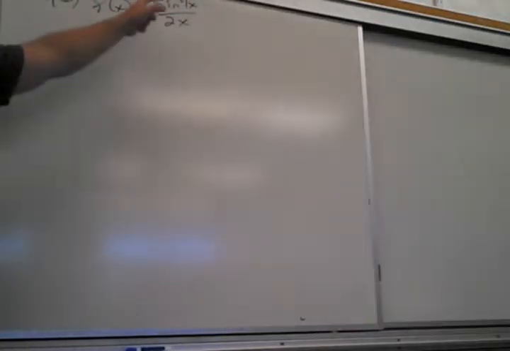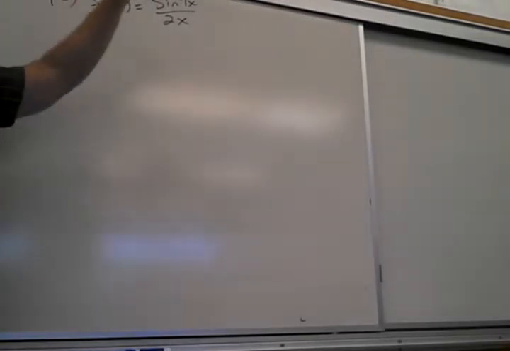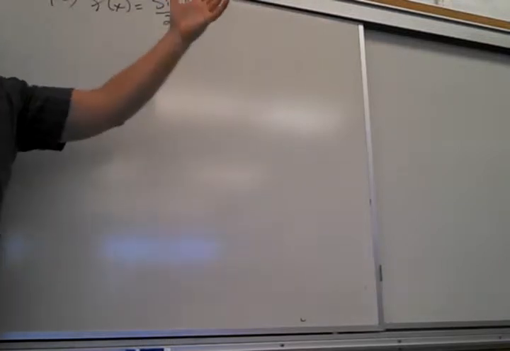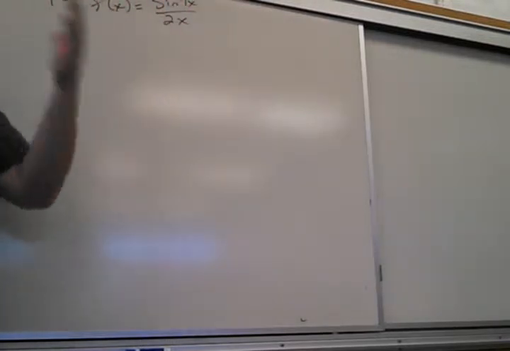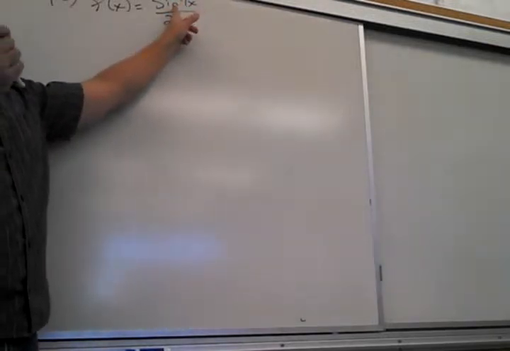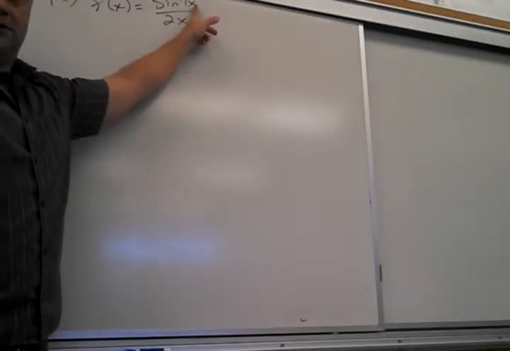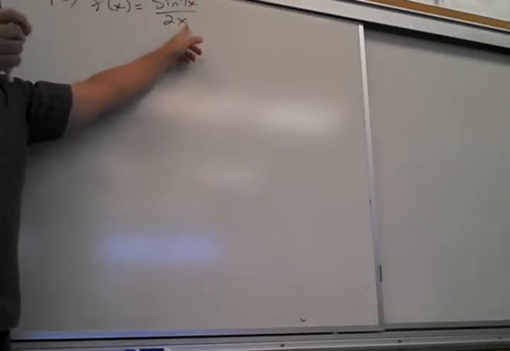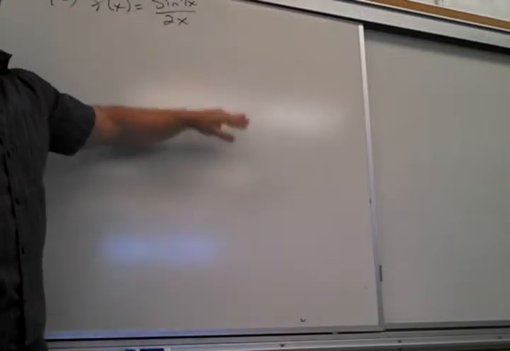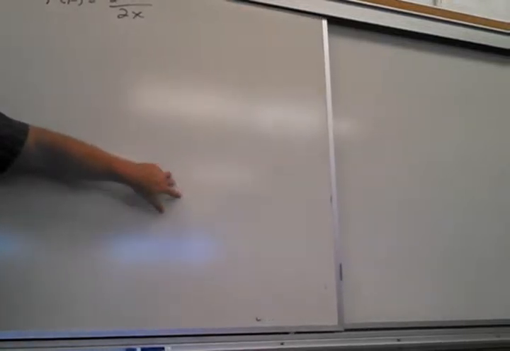Now that's a very funky function. Just say a word about this real quick. If I let x get really close to 0, why can't I let it be 0? Because if I let it get really close to 0, sine of close to 0 is close to 0, and 2x close to 0 is close to 0. So I kind of get 0 over 0, which anybody going into calculus will study quite a bit, what to do in that case.